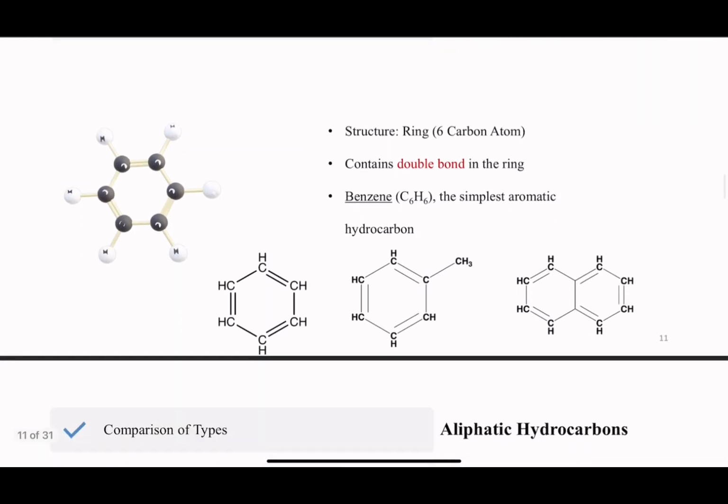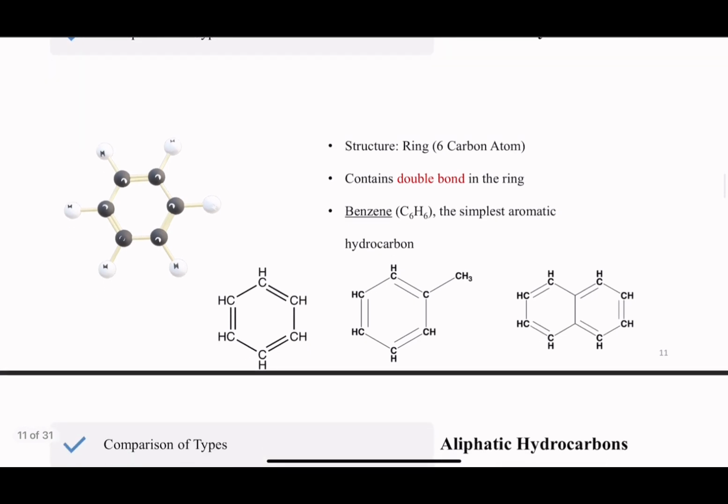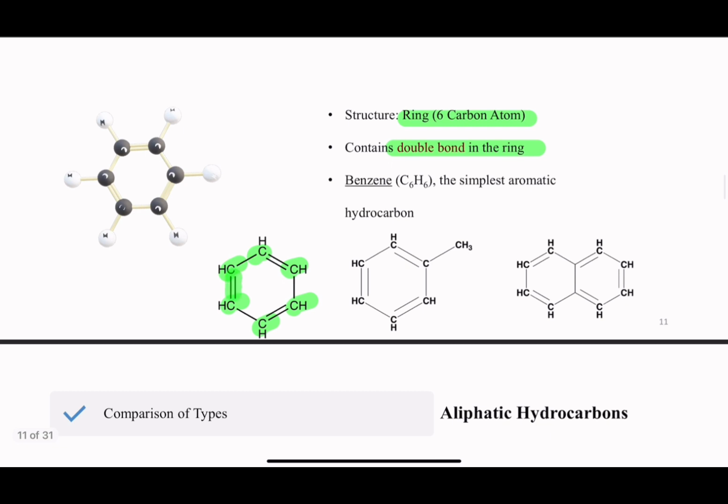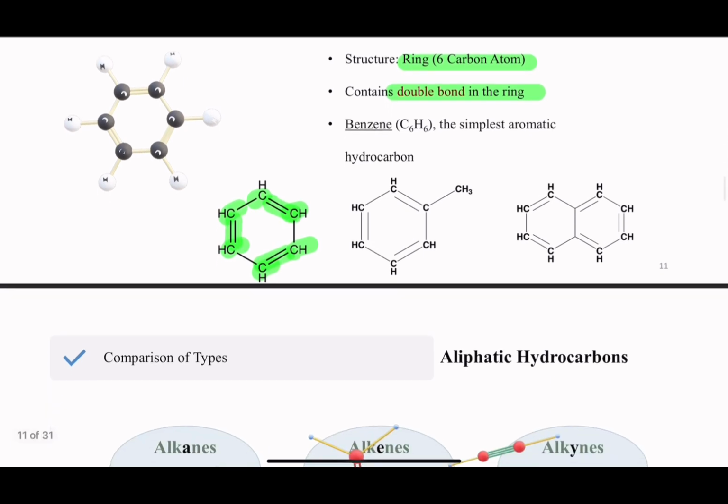So look at the aromatic ones. They have a structure of 6 carbon atoms, 1, 2, 3, 4, 5, 6, and contain double bonds. You see I have 1, 2, and 3 double bonds here. Now this guy is also aromatic because I have 1, 2, 3, 4, 5, 6 carbons with 1, 2, 3 double bonds, but in this case I have another functional group attached to it, but it still is aromatic.